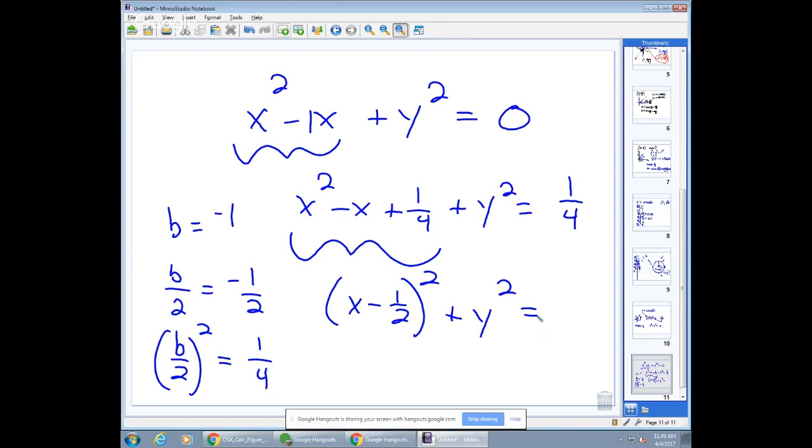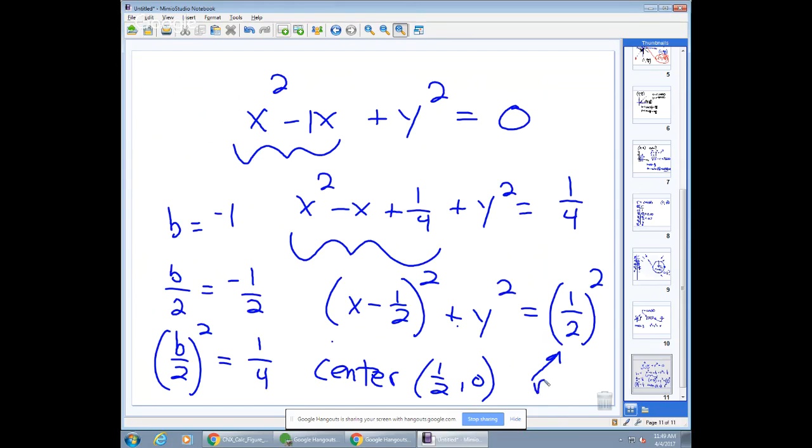It's the square of 1/2. This is the general form of a circle. The center, according to this equation, if you think way back to your algebra classes, is 1/2, 0, and the radius is 1/2, which is exactly what we just drew on the other page with polar coordinates.